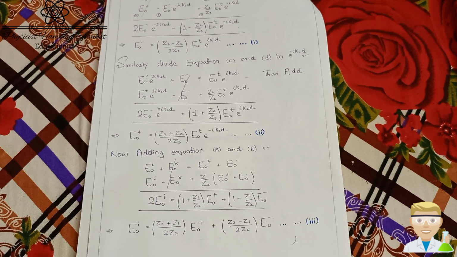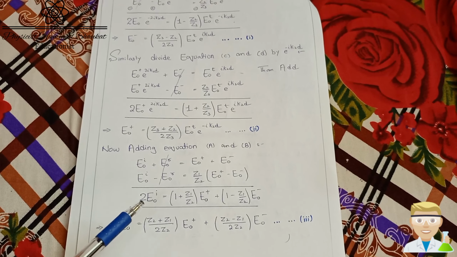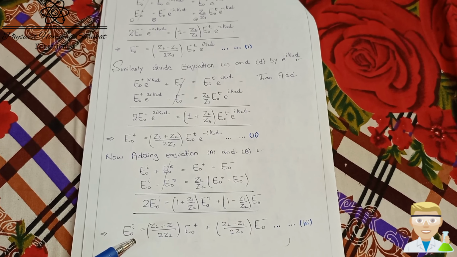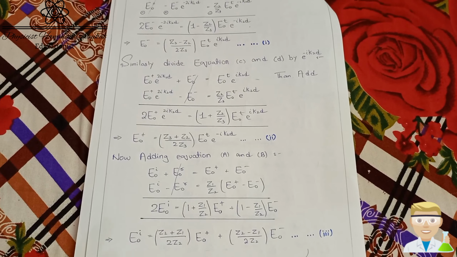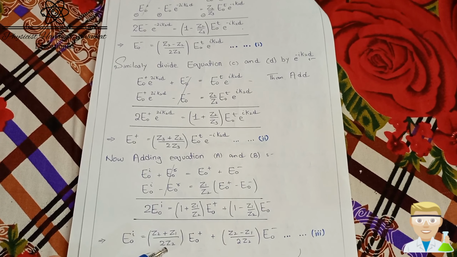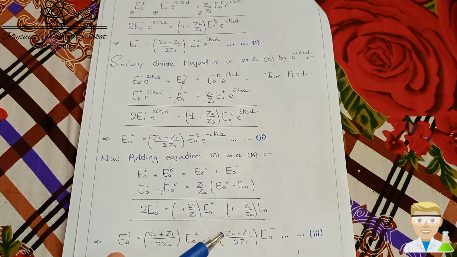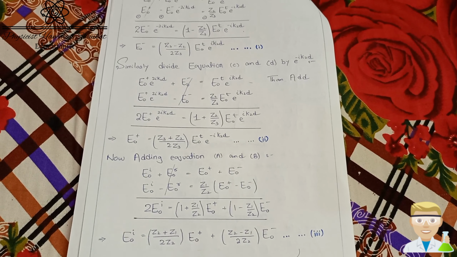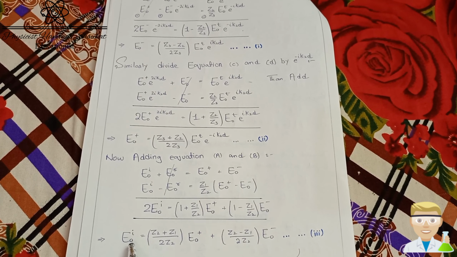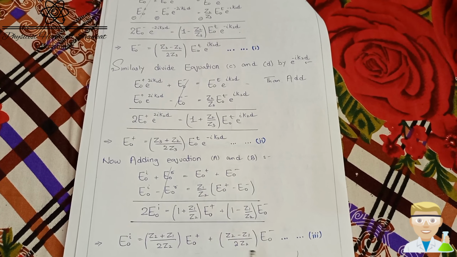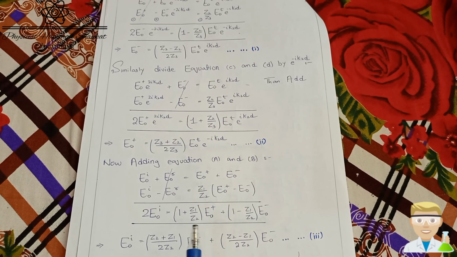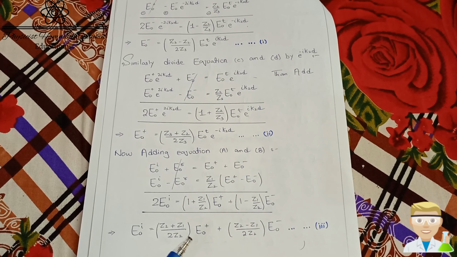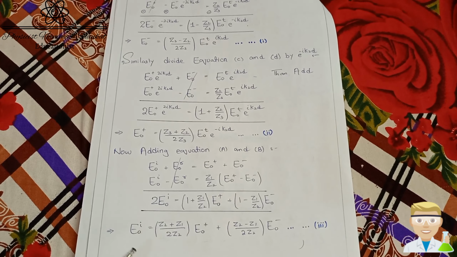So we have to divide this 2 to the other side, and taking the LCM of these relations, you will be left with the incident electric field e naught I now equals z2 plus z1 divided by 2 z2 e naught plus, plus z2 minus z1 divided by 2 z2 multiplied by e naught minus. So now you can see in the relation of incident electric field there is e naught plus and e naught minus. Now we can easily substitute these e naught plus and e naught minus in this relation to finally find the incident electric field.